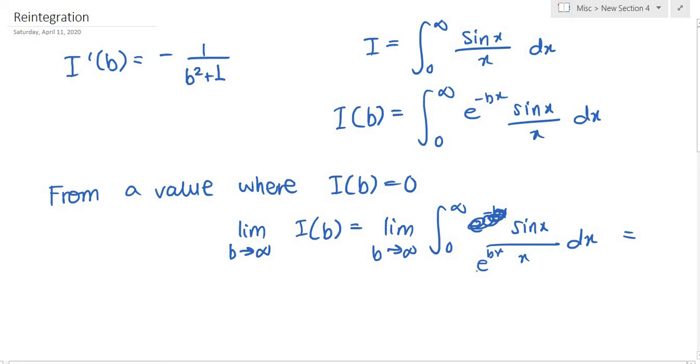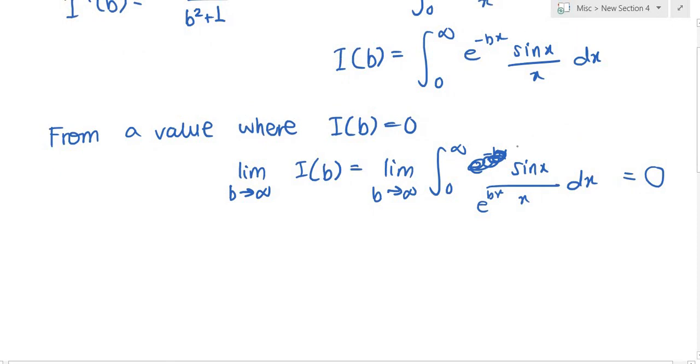As b tends to infinity, the denominator blows up to infinity and the fraction goes to 0. So when b is infinity, I of b equals 0. So infinity is a key value that we want.